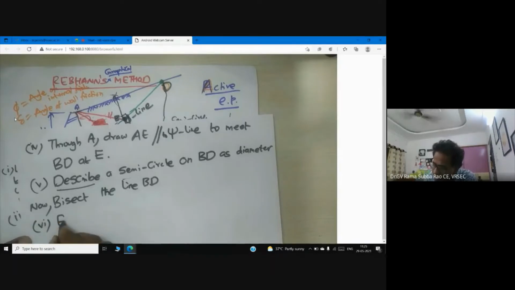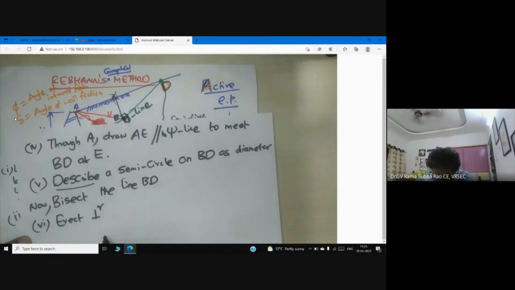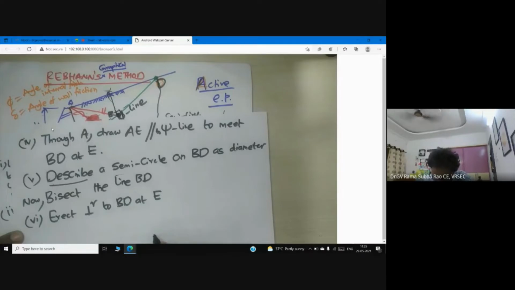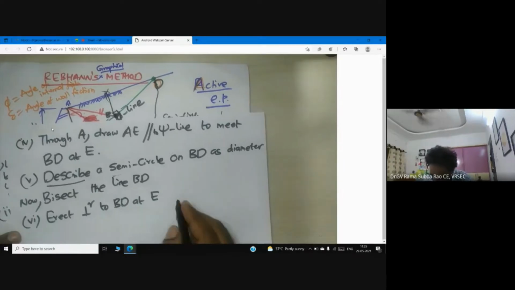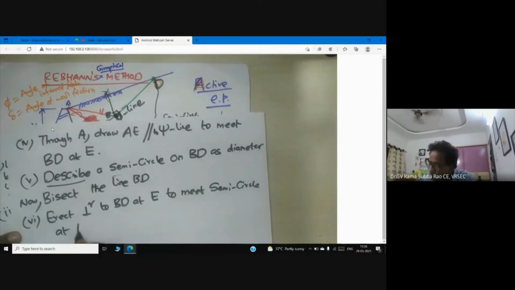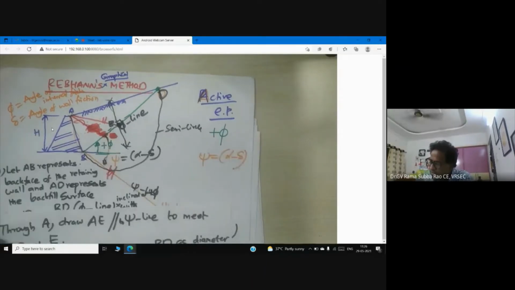Erect perpendicular to BD at E, to meet semicircle at F. To meet semicircle at F.